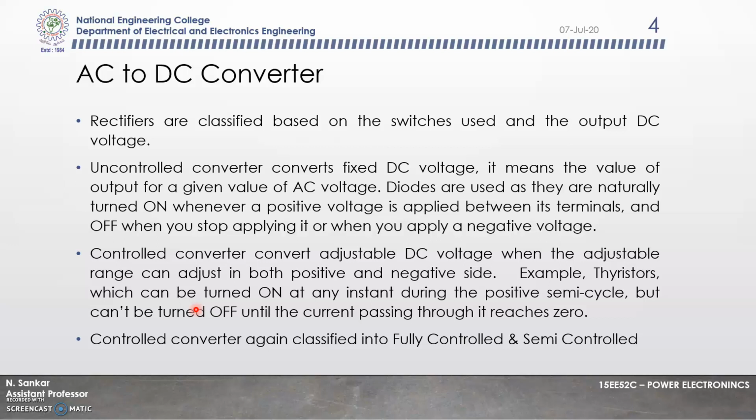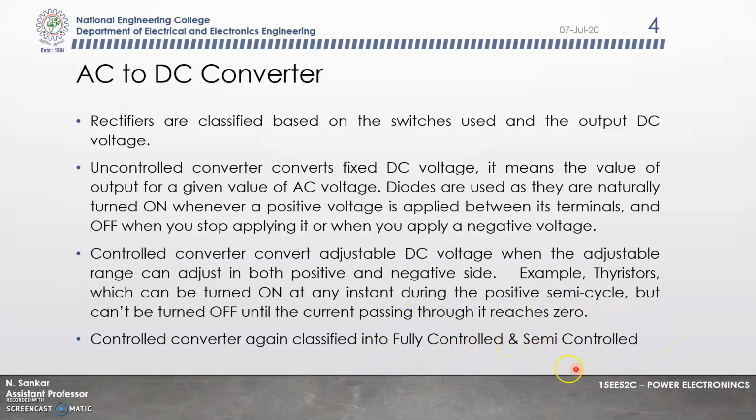So here the switching on of the thyristor can be controlled by the gate pulse. A converter which uses a thyristor is called a controlled converter. Controlled converters can be classified into fully controlled or semi-controlled.